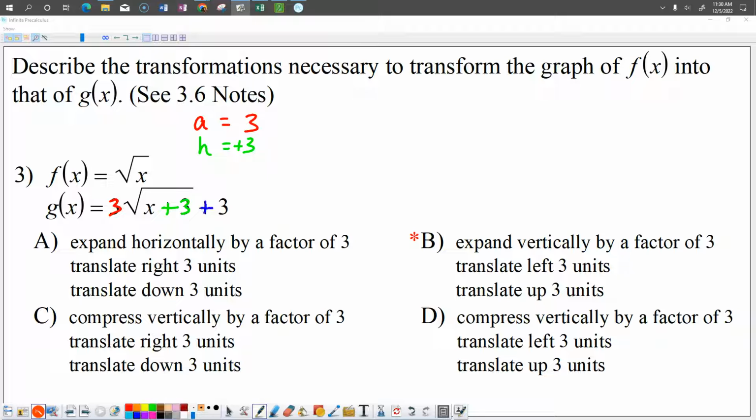That's different than last time. K is the number that's being added or subtracted outside of the parentheses. Okay. So first of all, let's start off with a. So notice that a is positive, and since a is positive, there's no reflection here. But the absolute value of this number is greater than 1, which means that we have a vertical stretch.